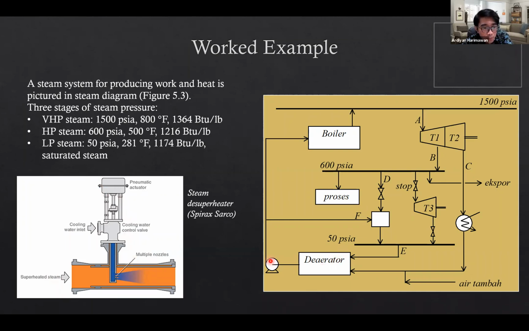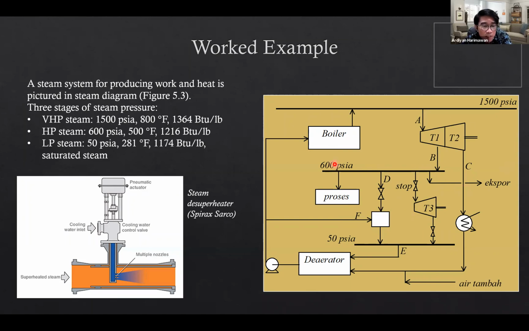So the water comes from the deaerator that goes into the pump. And then from the first header, it will go to the turbine in flow A, and then from the turbine, it goes to the second ladder, and then from the second ladder, it will go to be exported and also to the process heating. And then from the second ladder, it will go to the third turbine, and also goes to the desuperheater.